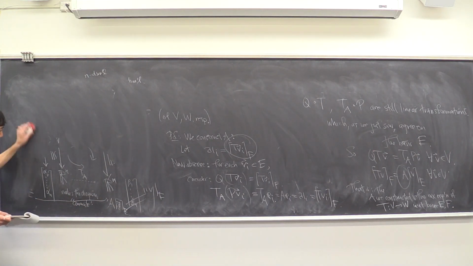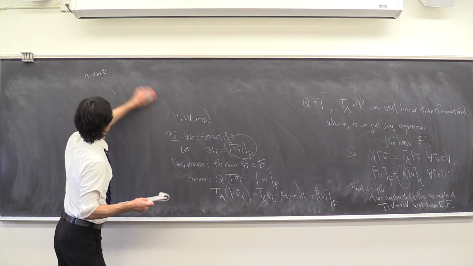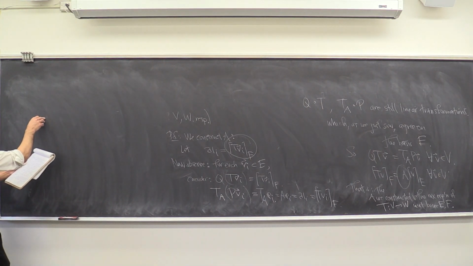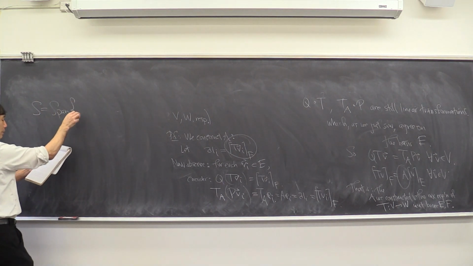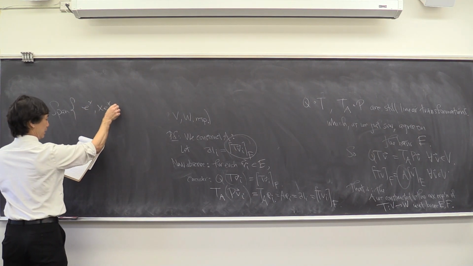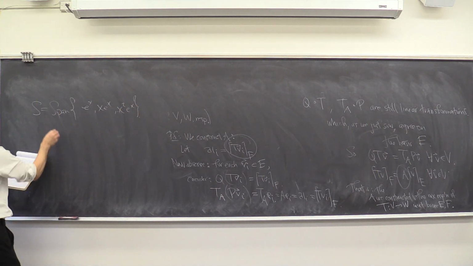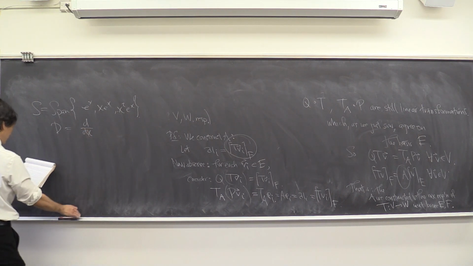I'm sorry to do this, but let me take 1 minute and run through a quick example. Another example. We let S be the span of a bunch of functions: e to the x, x e to the x, x squared e to the x. Okay. And then D is going to be, again, the derivative operator.